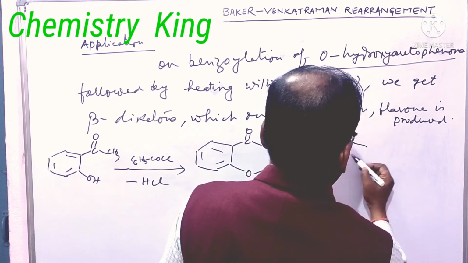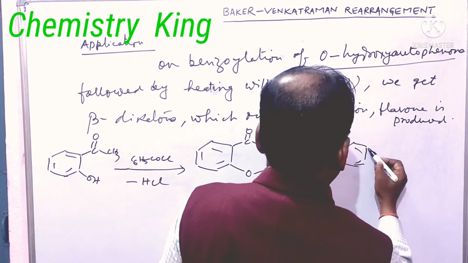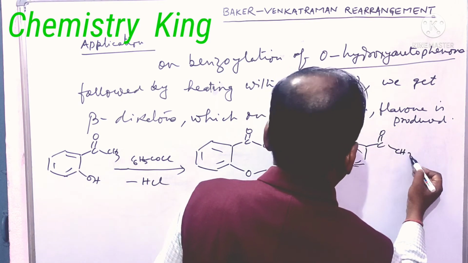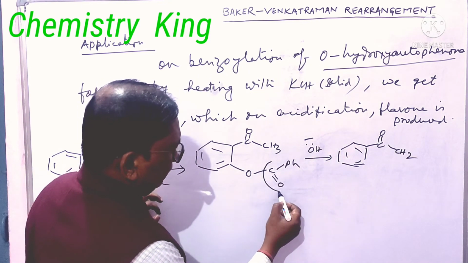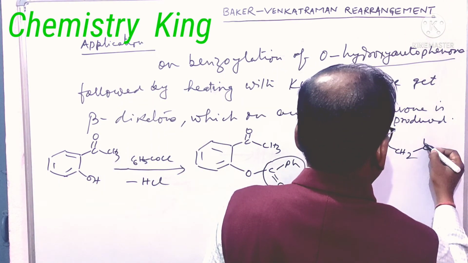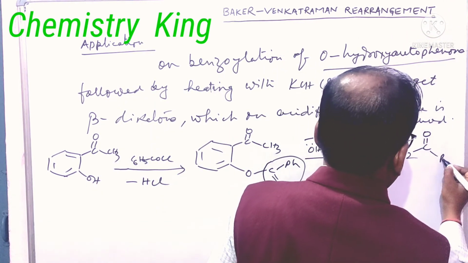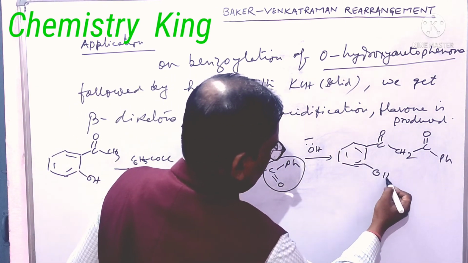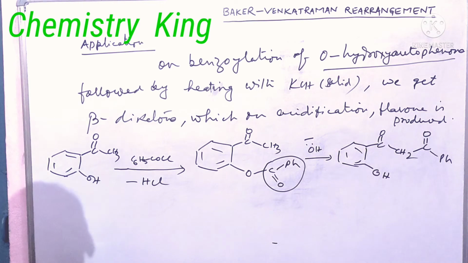Okay. C double bond O, CH2, this part will come here. C double bond O, Ph. Okay. Now this is O, OH. You will get this.